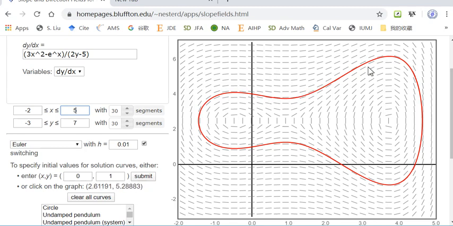The upper half of this curve is the graph of the solution of another initial value problem, the same equation with a different initial value condition determined by, for example, the intersection of this curve with the y-axis here. So this picture will be more complete than the previous one.